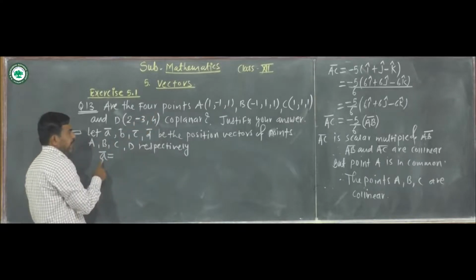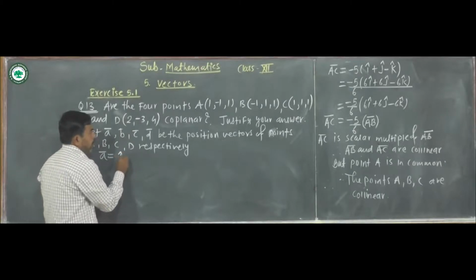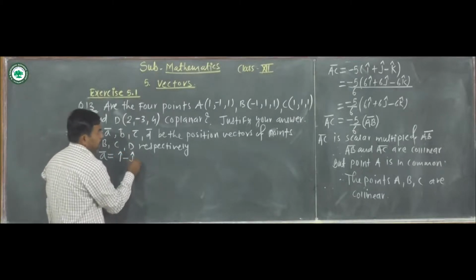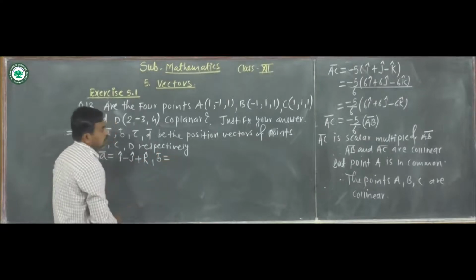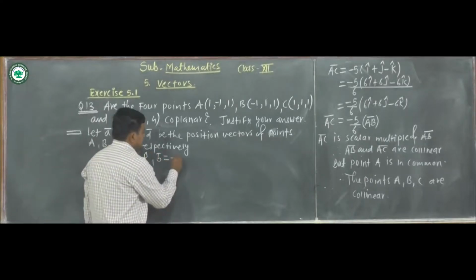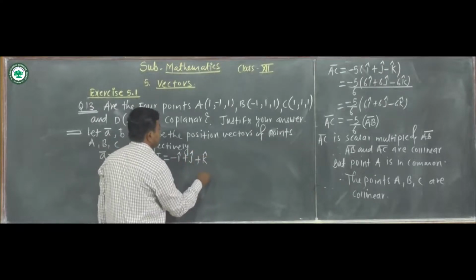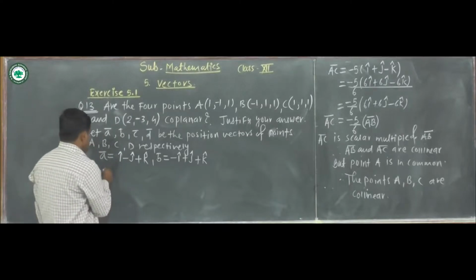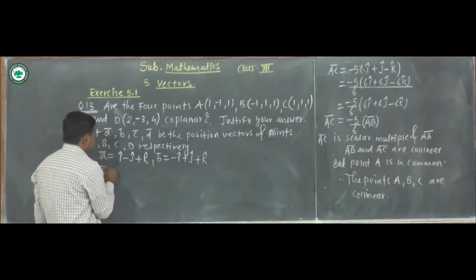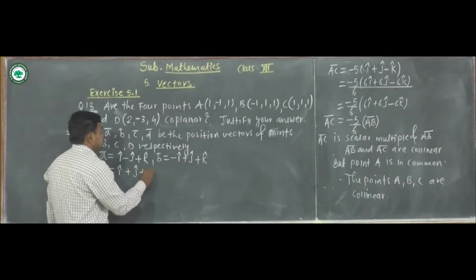So its position vector a bar is equal to i cap minus j cap plus k cap. b bar is equal to minus i cap plus j cap plus k cap. c bar is equal to i cap plus j cap plus k cap.